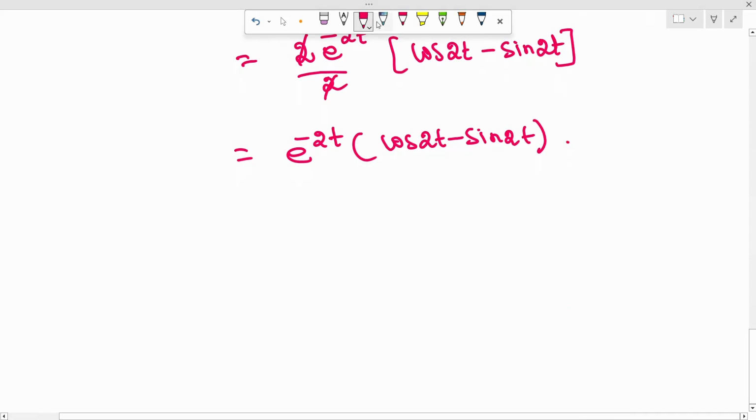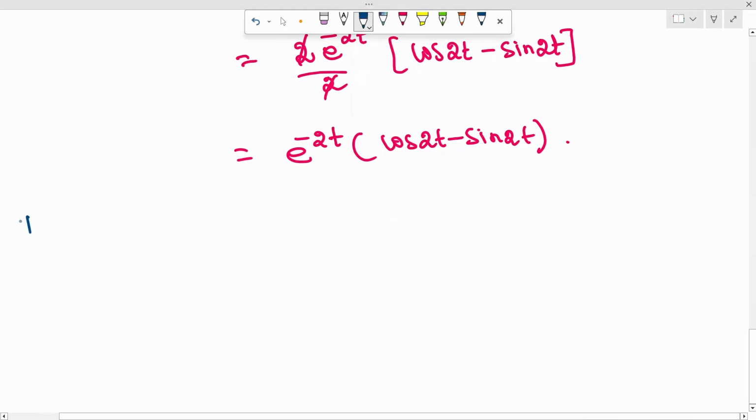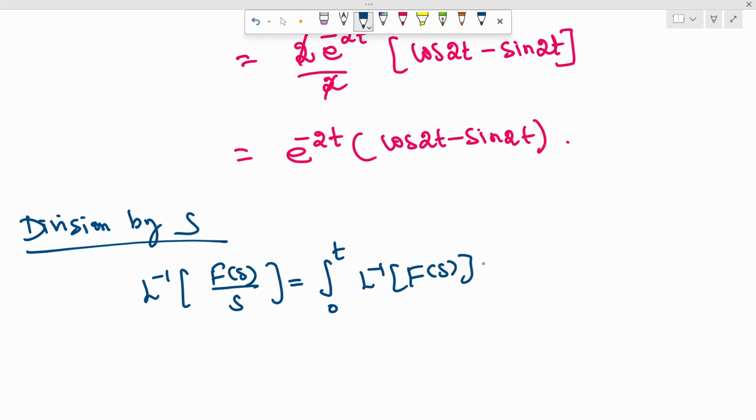Next we will see division by s. L inverse of f of s by s equals the integral from 0 to t of L inverse of f of s dt.